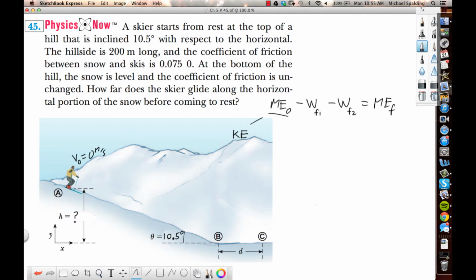Kinetic initial plus potential of gravity initial plus spring initial, minus work of friction 1 minus work of friction 2. And then this is going to be kinetic final, gravity final, spring final. Does this problem have any springs in it? Nope. So now most of this is going to go away.